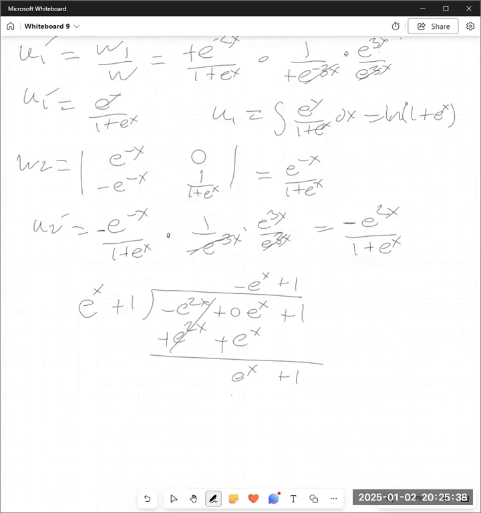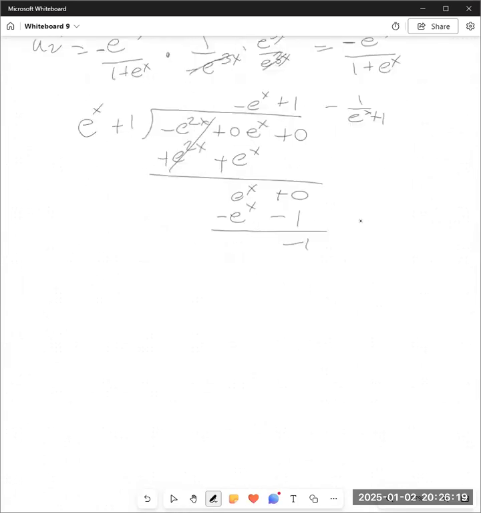This is plus 1, e to the x, this is plus 0. Plus 0, plus 0. And this is 1 minus minus negative 1. That's minus 1 over e to the x plus 1. There we go.